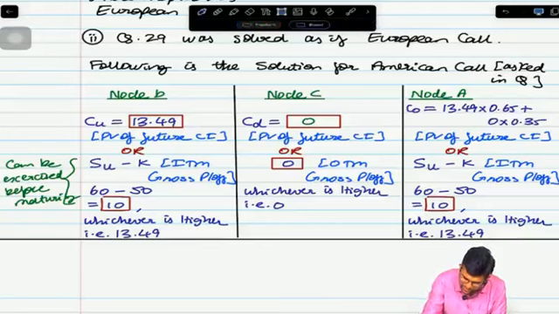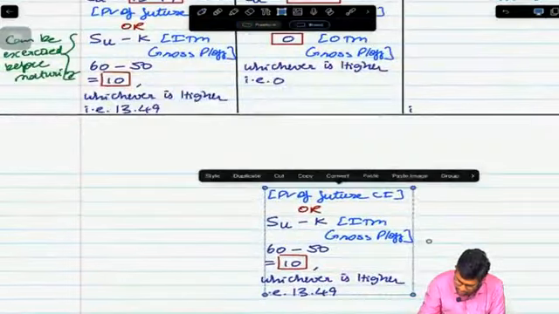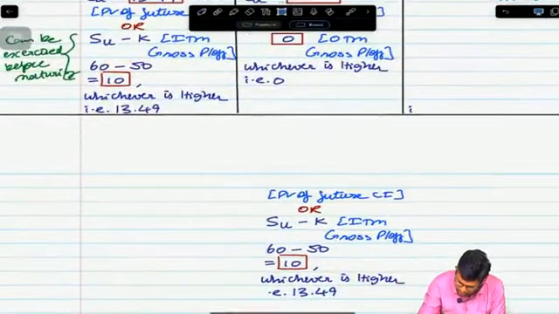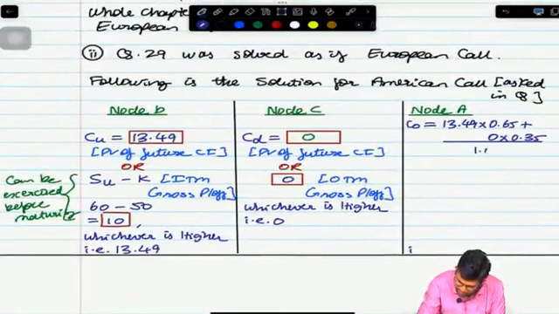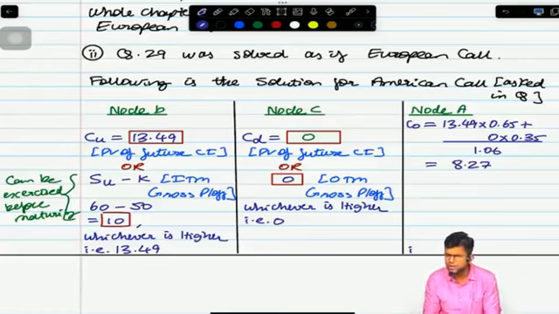Am I right? Plus 0 into 0.35. The whole divided by 1.06, and that comes to how much? 8.27. Can someone tell me why did I do it again?